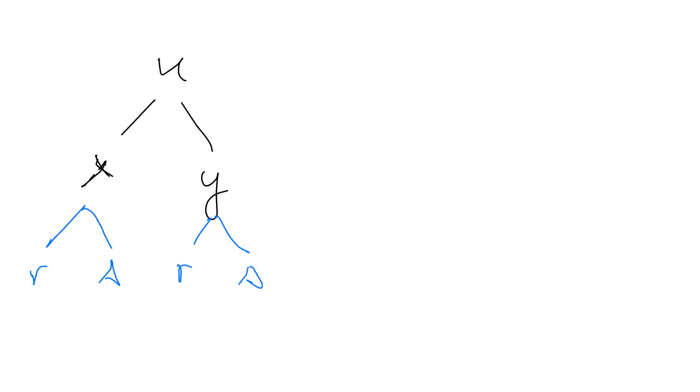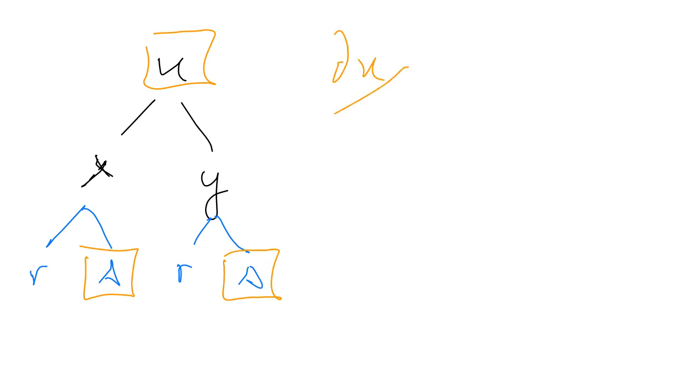So if I've got u, and u was a function of x and y, and then x was a function of r and s, I'm going to do the other one here as well. So if I wanted the partial of u with respect to s, what would that be?